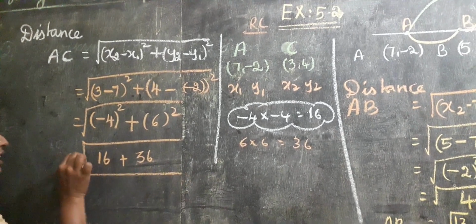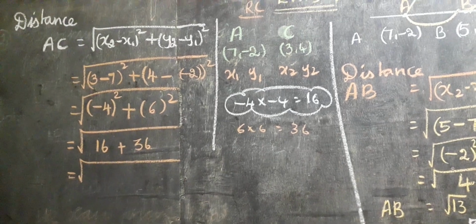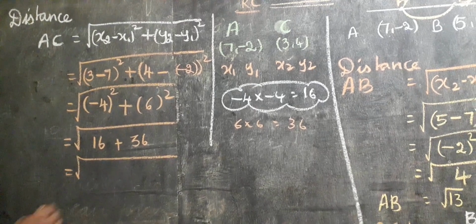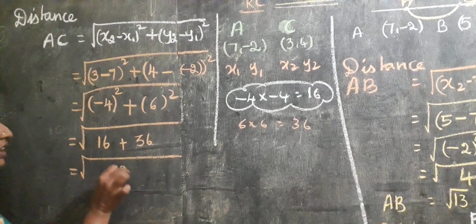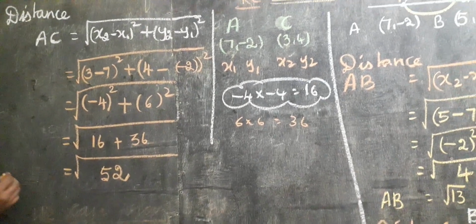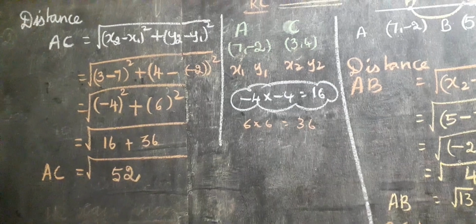Finally add: the square root of 16 plus 36. What is the value? 52. That is the distance between the 2 points A and C.